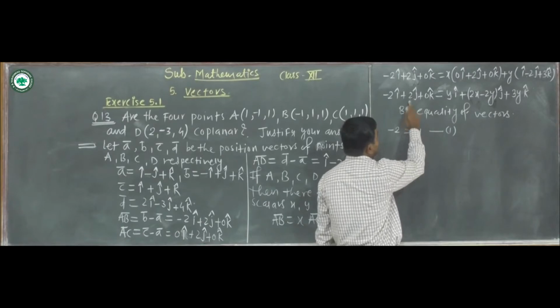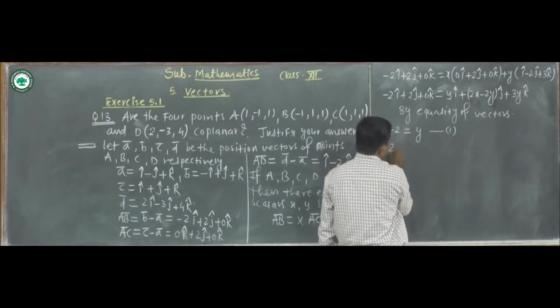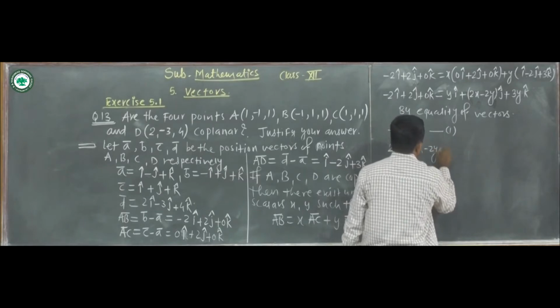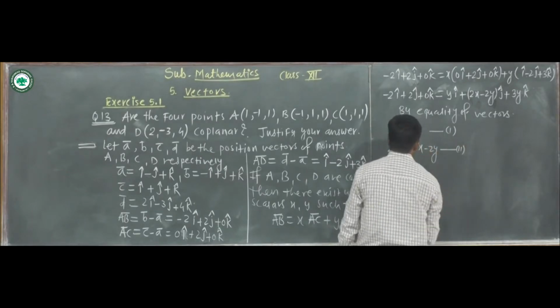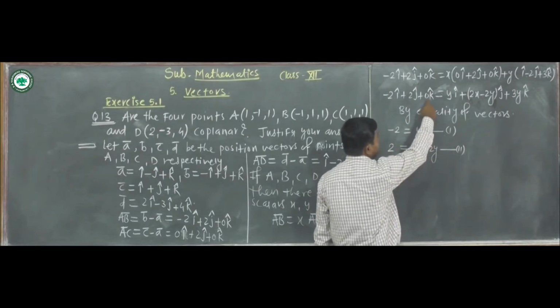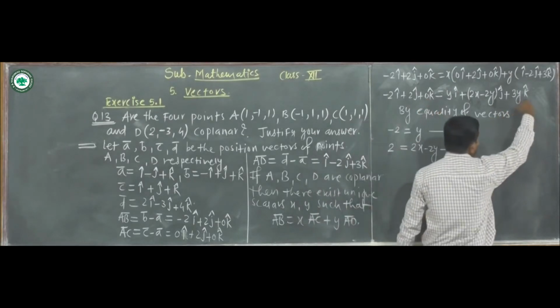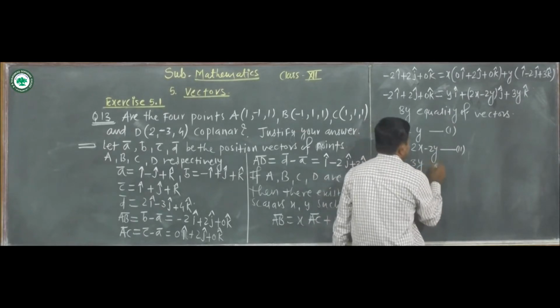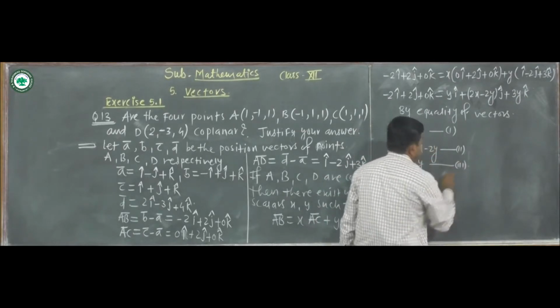Comparing the component of j, 2 is equal to 2x minus 2y, call this equation number 2. And from the last one, here coefficient of k cap is 0 and here coefficient of k cap is 3y, so 0 is equal to 3y, call this equation number 3.